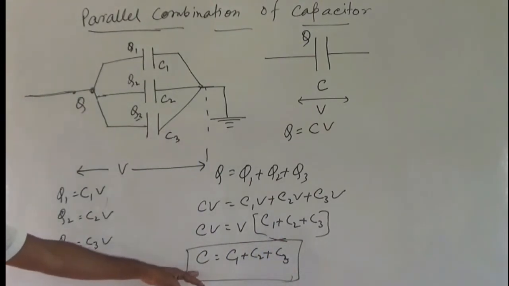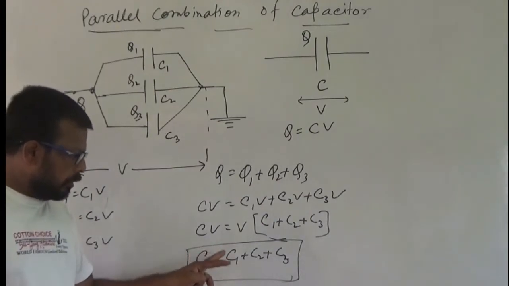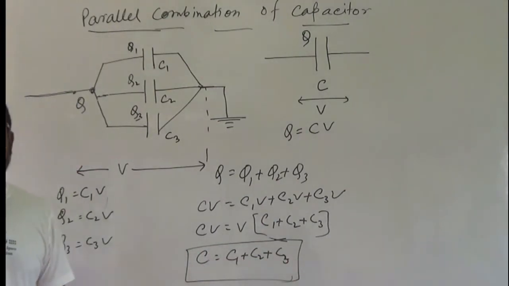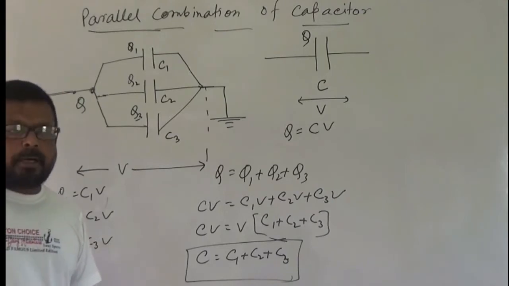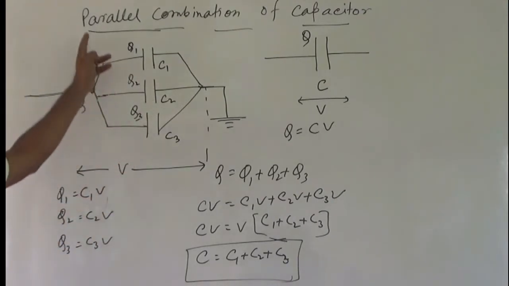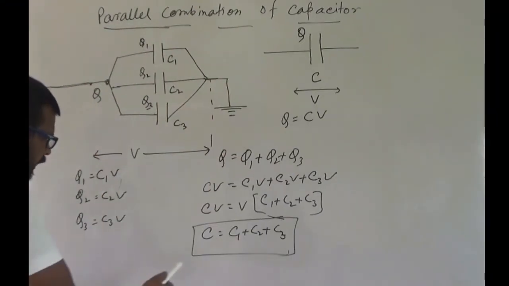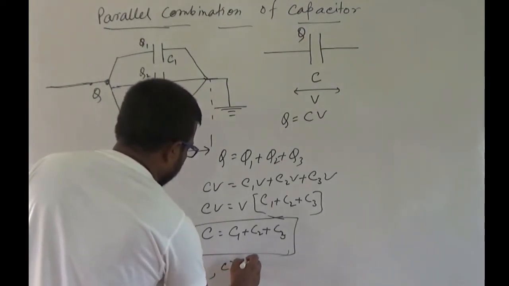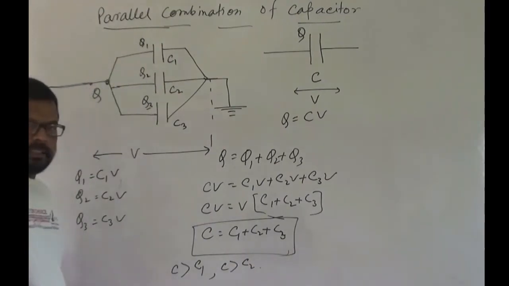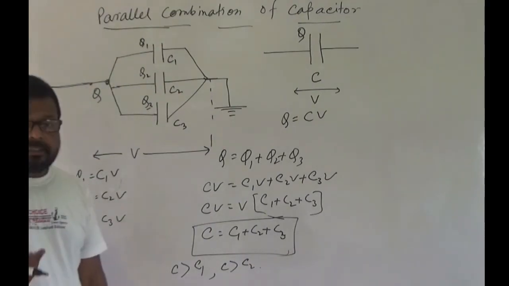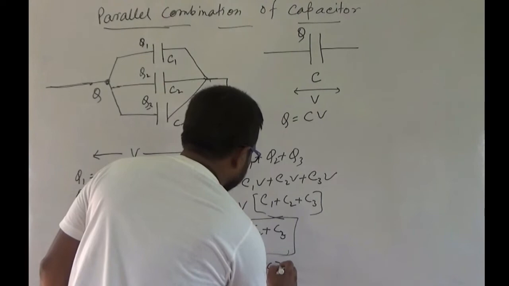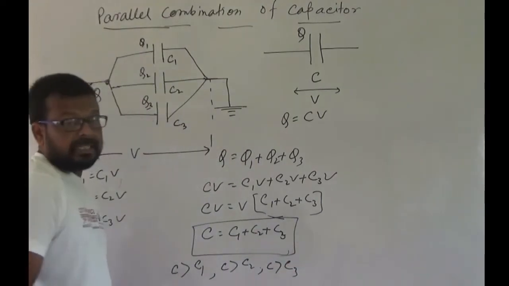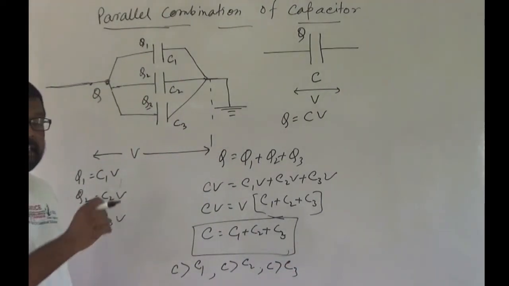This is the effective capacitance. That is, the effective capacitance will be the sum of each capacitance in the case of parallel combination. From here you can say that C is greater than C1, C is greater than C2, C is greater than C3 also.